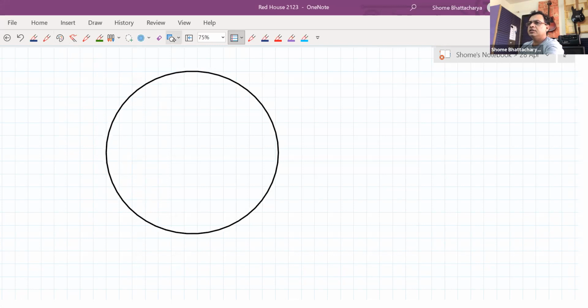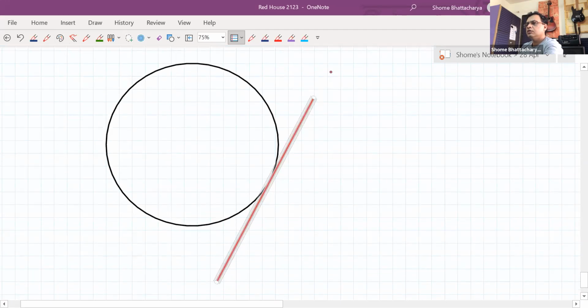Suppose we are dropping the tangent from some arbitrary point here, this is the tangent to the circle. So the tangent is almost touching, gliding past the circle at a certain point E.